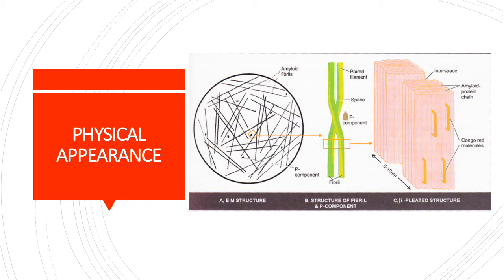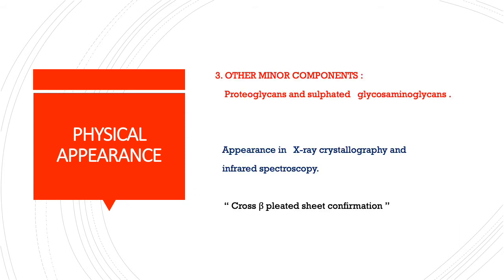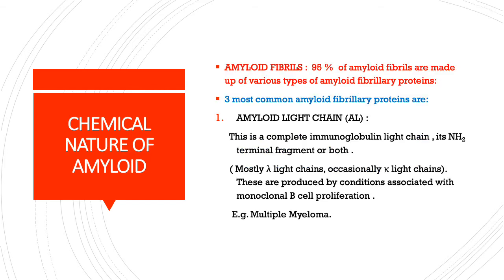The same thing is shown in a schematic diagram. The other minor components would be proteoglycans and sulfated glycosaminoglycans. In X-ray crystallography and infrared spectroscopy, they have a cross beta pleated sheet conformation, that is, they are wound around each other, intertwined with each other, and this gives that apple green birefringence.